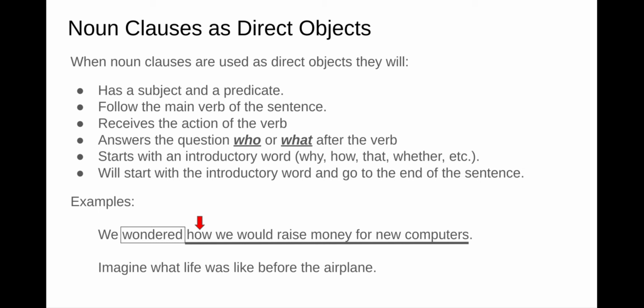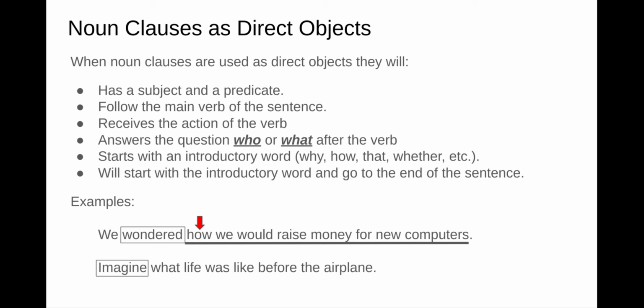All right, let's look at the second example. Our main verb here is imagine. Well, wait a minute. There's no subject in this sentence. Why is there no subject? Because this is a command. Remember at the beginning of chapter 8, we learned all about the different kinds of sentences? Well, the subject of this sentence is understood to be you because it's telling someone to do something.